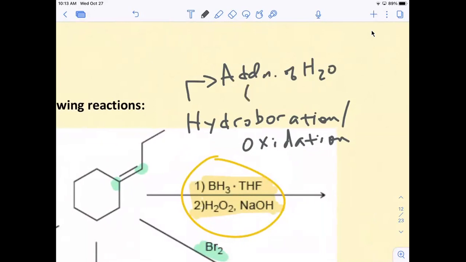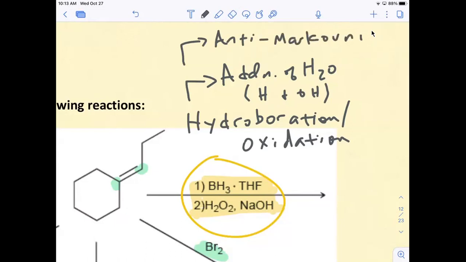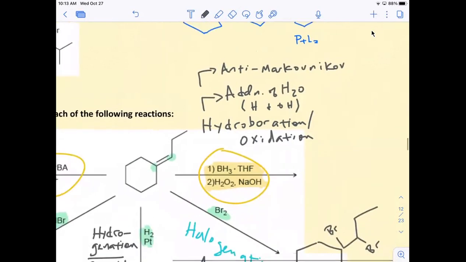We can break that down and say H and OH, and it is anti-Markovnikov. What that means is that the OH is going to add to the least substituted carbon, and the hydrogen is going to add to the most substituted carbon.